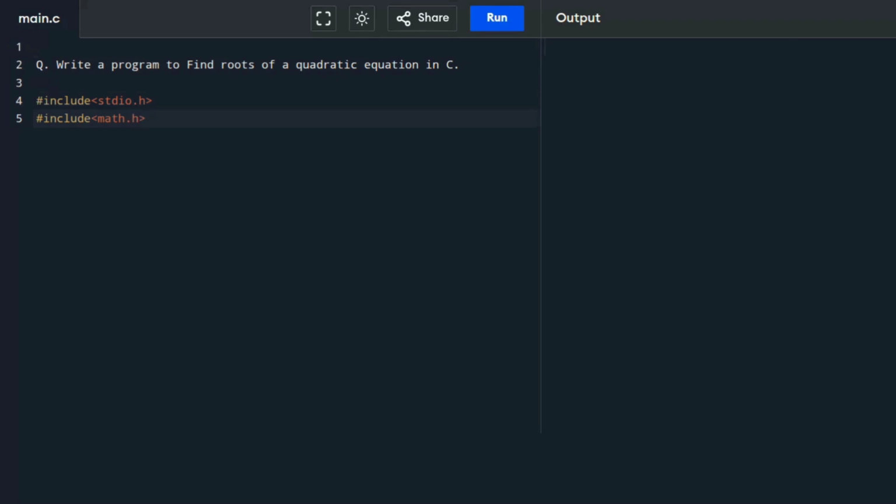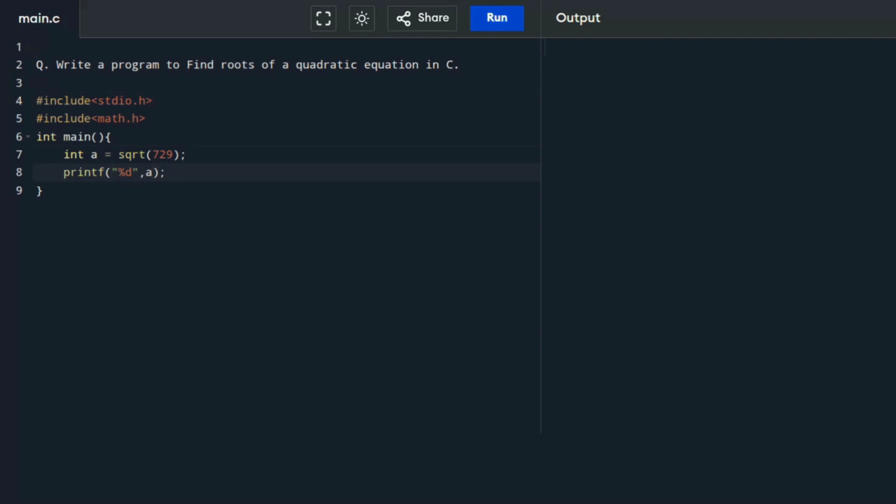The use of math.h is that if I write int main, my main function, and I write, let's say, int a is equal to sqrt of, let's say, 729, and I write printf percentage d and a, it will basically print the square root of 729.